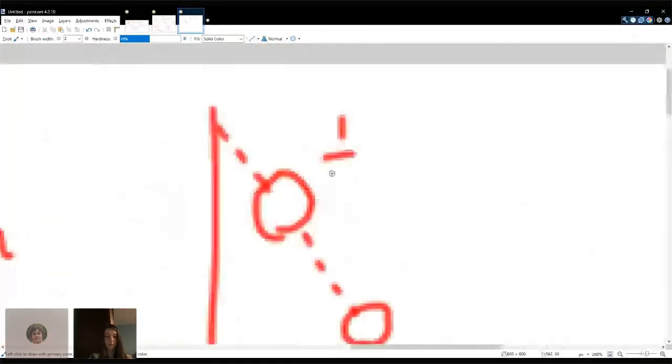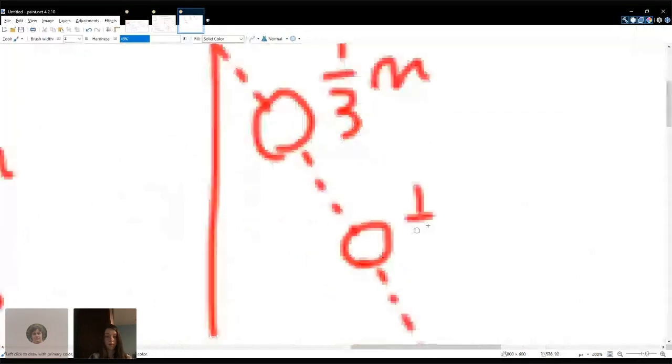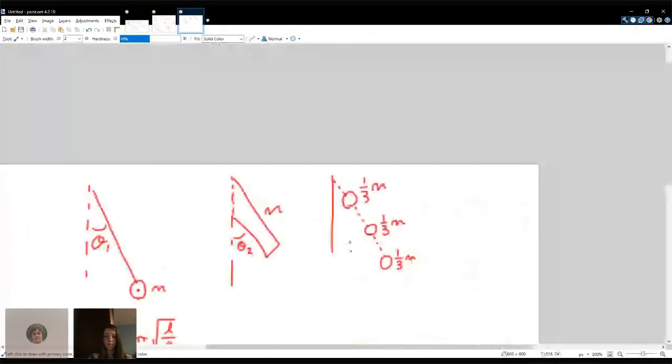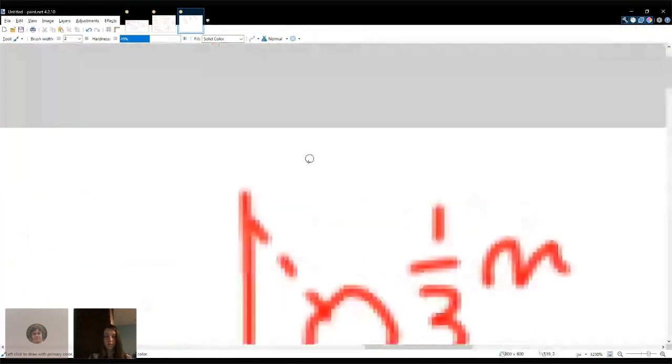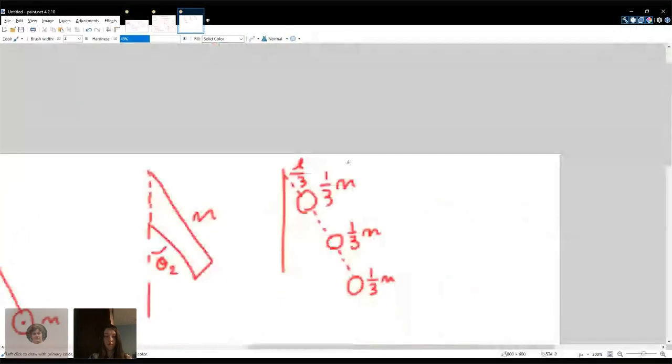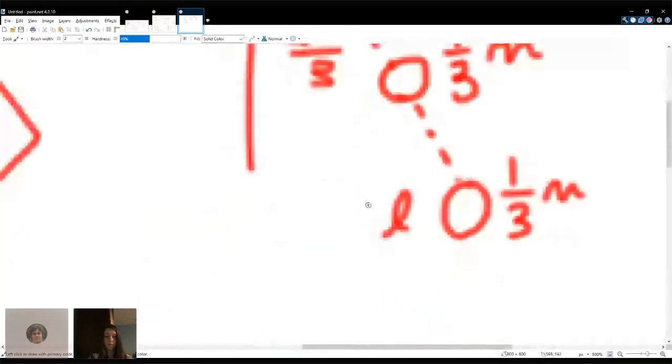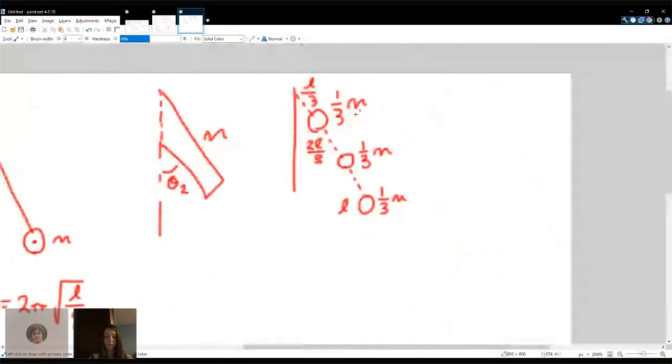Say this is 1/3 m, 1/3 m, 1/3 m. So the lengths would be L over 3, 2L over 3, and L. What happens with this is if we assume everything is rigid, the strings don't move with respect to the ball, so it all stays in one straight line.